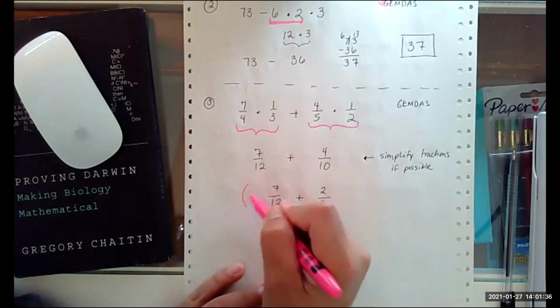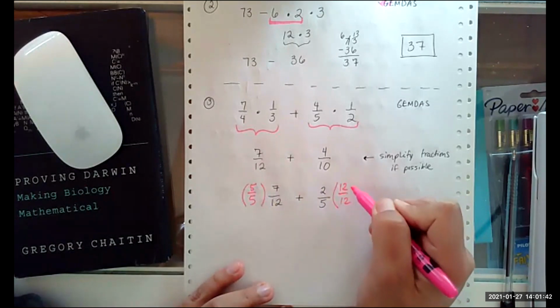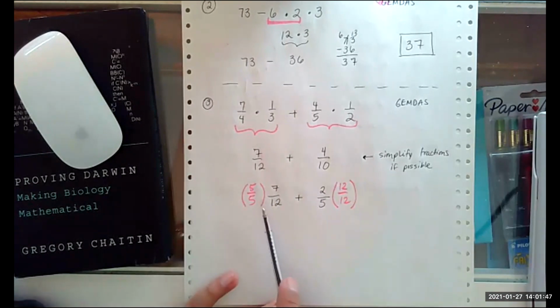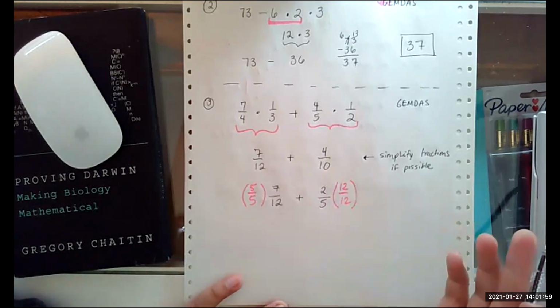So I'm going to multiply this fraction by 5 over 5 and this one by 12 over 12, because remember, we're trying to match our denominators here. So on the bottom we'll get 5 times 12, which is 60. Let me just check that real quick. Yeah, it's 60, and 5 times 12 is 60 over here.